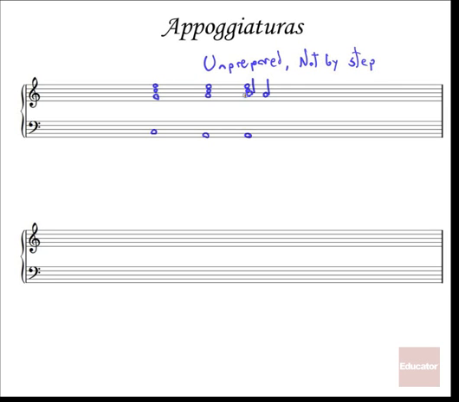So of course this B is not a passing tone because the G up to a B is not a step, and it's not a neighboring tone for the same reason. So this would be an example of an appoggiatura.